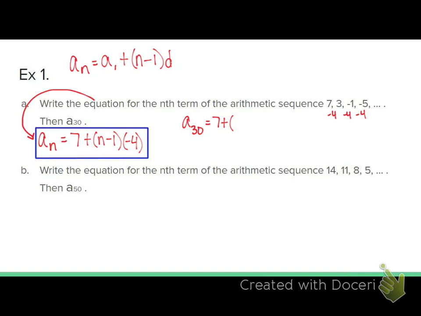Which term are we looking for? We have the first term in our formula. They did give us the second term. We don't need it. In general, what are they asking us to find? Which term? 30. The 30th. So what position number is that going to be? 30.